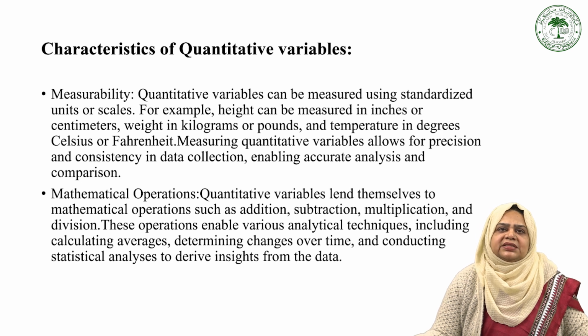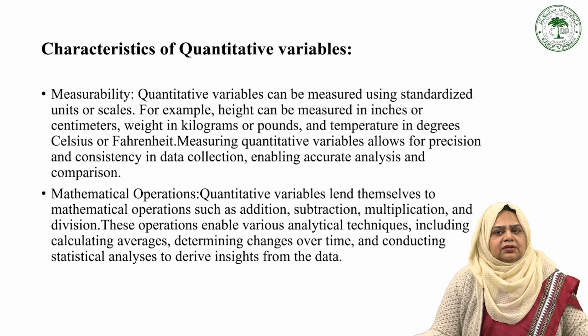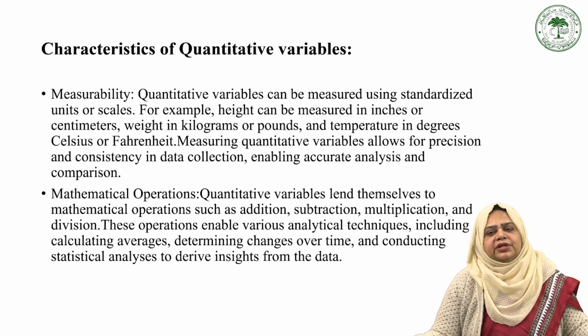There are certain characteristics of quantitative variables, and the first characteristic is measurability. That is, these variables, such as height, weight, and temperature, can be measured using standardized units or scales. This means that we can assign specific units like inches, centimeters, Celsius, or degrees Fahrenheit to these variables.